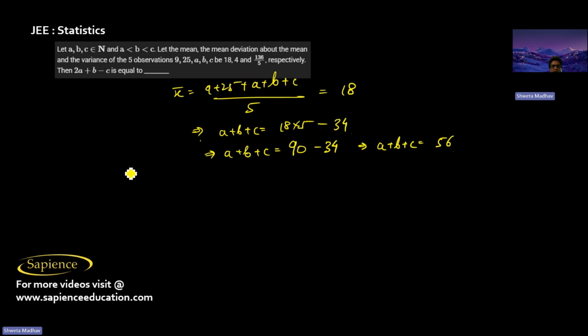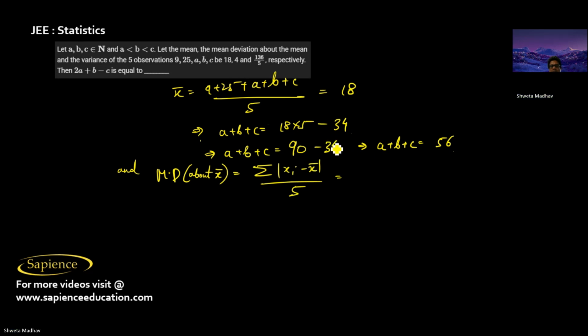A plus B plus C is 56, and then the mean deviation about the mean will be equal to summation mod of xi minus x bar by n. That is 9 minus 18, 25 minus 18, that is 9 plus 7, plus mod of a minus 18 plus mod of b minus 18 plus mod of c minus 18, divided by 5, that is equal to 4.